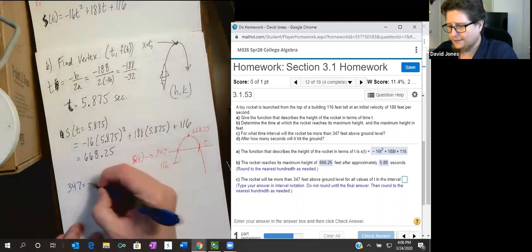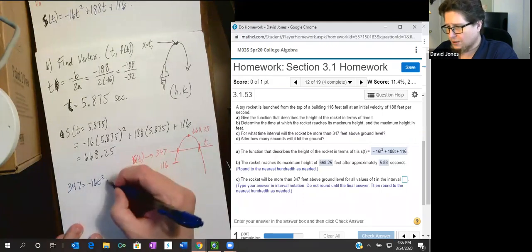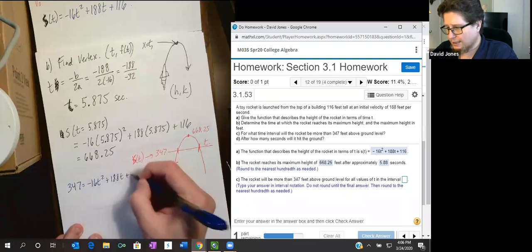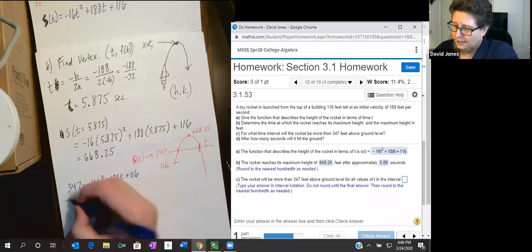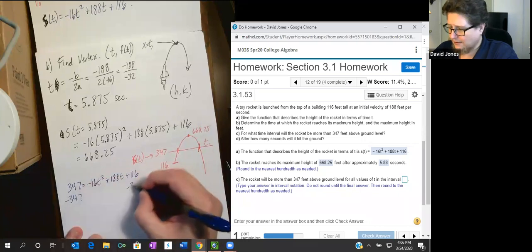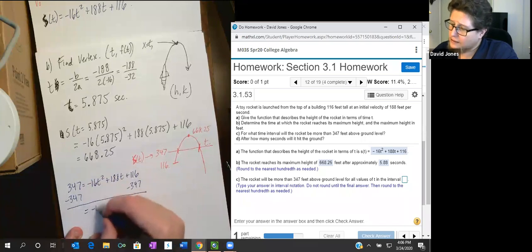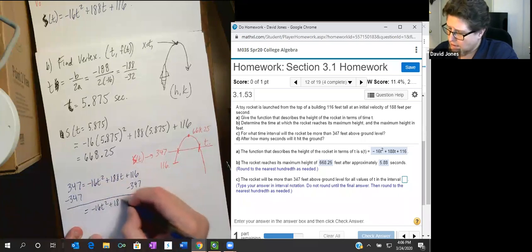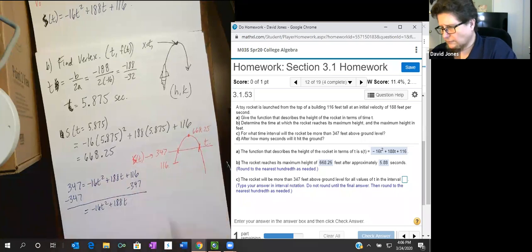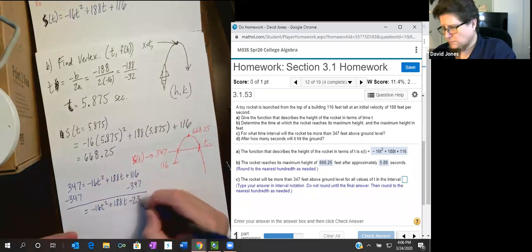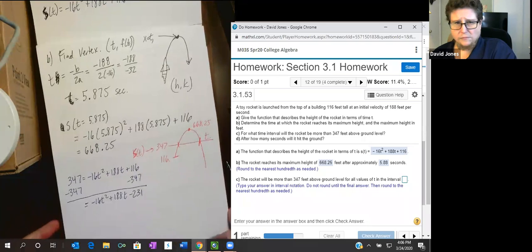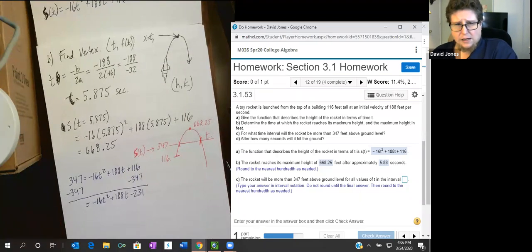347 equals negative 16t squared plus 188t plus 116. I'll subtract 347. Do not round until the final answer, then round to the nearest hundredth.